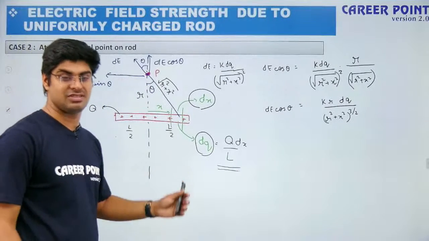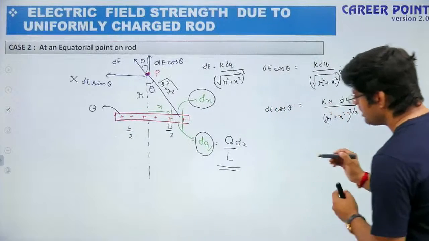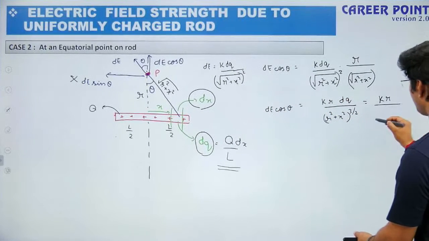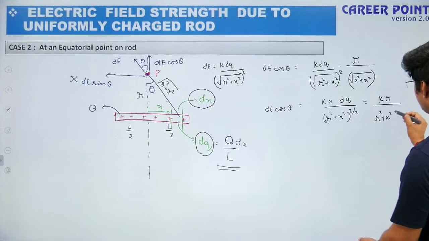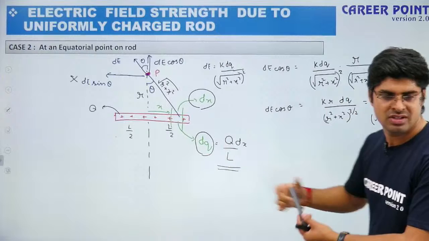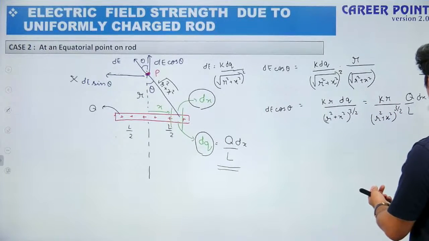So dq is equal to Q by L dx. I am just putting the value here: k r by (r square plus x square) raised to power 3 by 2, and instead of dq I am putting Q upon L dx.